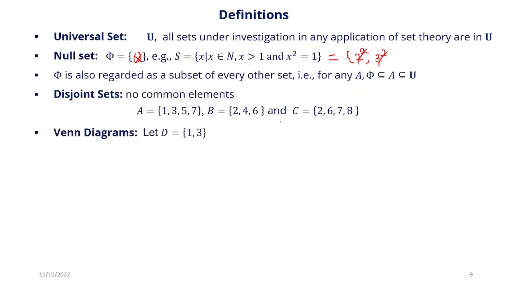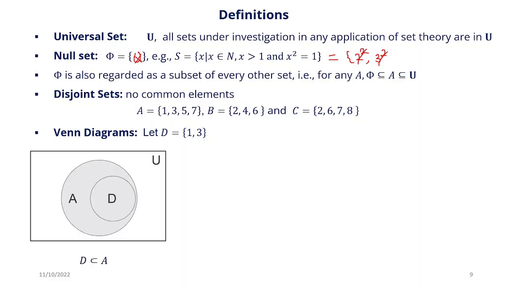Now, to show this kind of relationship, Venn diagrams are usually used. So let's say we add another set and call it D equal to 1, 3. First of all, we want to look at the proper subset. D is a proper subset of A. Why?